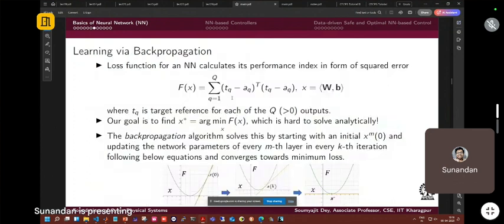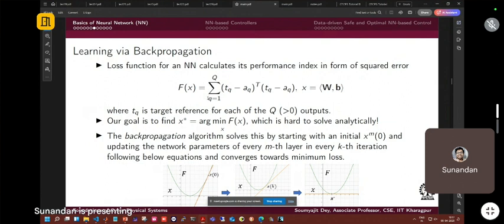If we go forward, how are the weights updated afterwards? How do we eventually train the neural networks and tune their weights? That is where back propagation comes in. Whenever we are designing a neural network, we have a loss function, and it looks like this, where TQ is the target reference for each of the Q outputs.